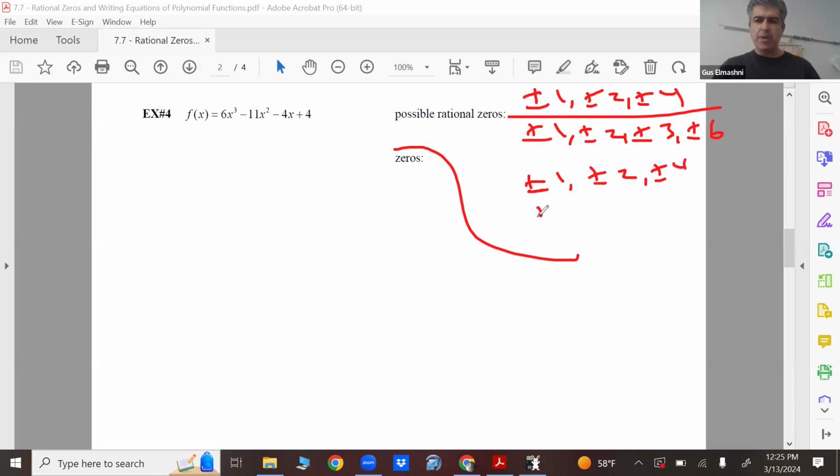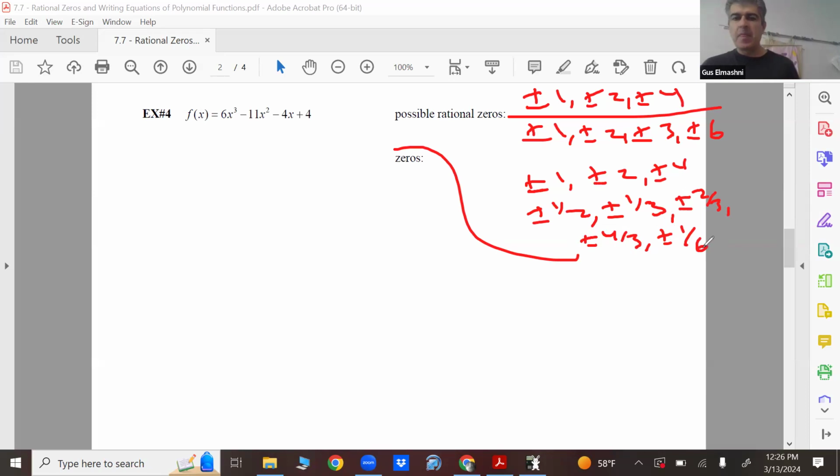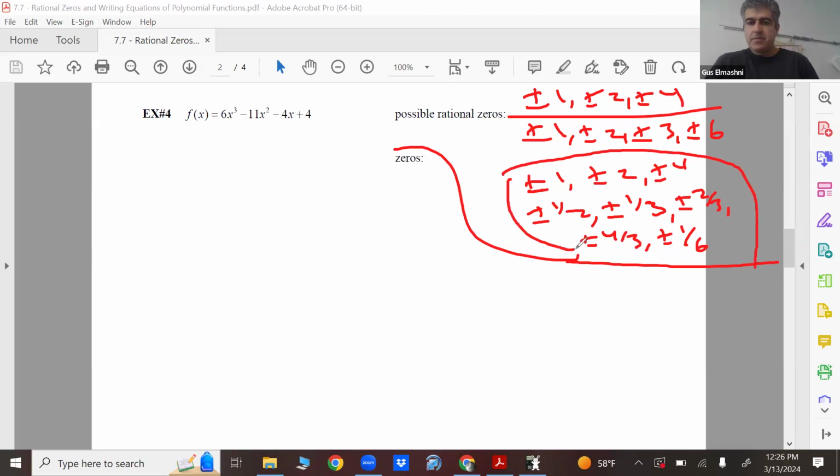If you divide by 2, you get plus minus a half, plus minus a third, plus minus 2/3 also, and plus minus 4/3 also, and plus minus 1/6. But I'm not going to bother dividing 2 by 6 or 4 by 6. Same thing. A lot of possibilities. Those are all the possibilities.